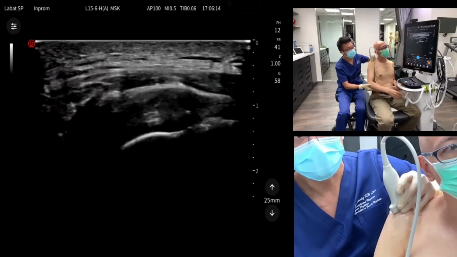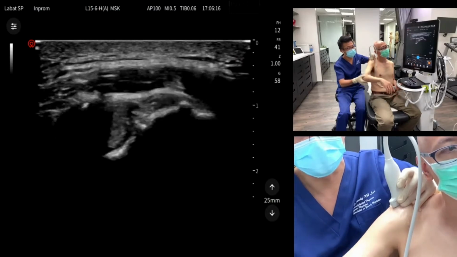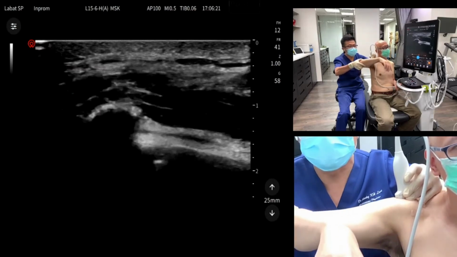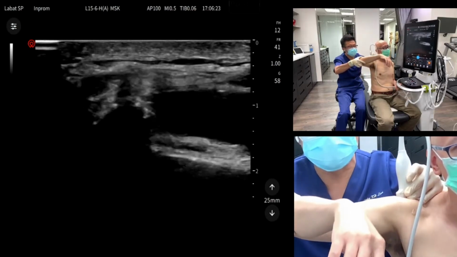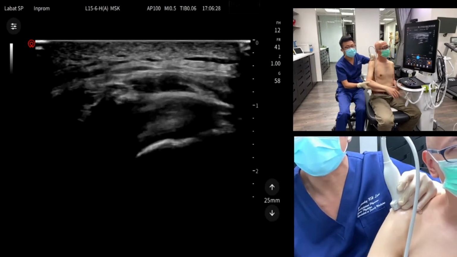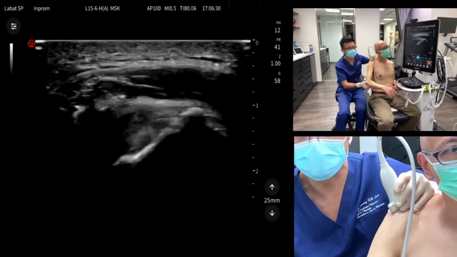He can feel that, and I can feel that. There is some friction, increasing friction when the humeral head keeps moving up. So this is one way of showing the earlier phase of the impingement.